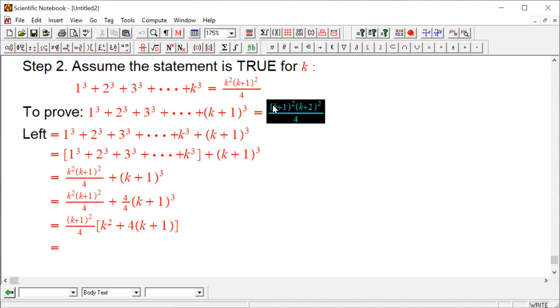We got a part of it already, right? (k plus 1) squared over 4, already got that. So we kind of know where to go, because we know what is to be proved. We just have to make sure it is happening indeed. So that's k squared, not k to the power 3, I'm sorry. k squared plus 4k plus 4.